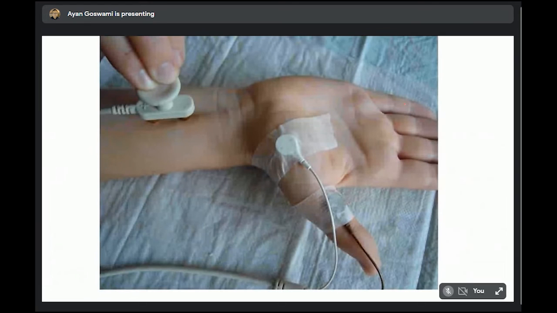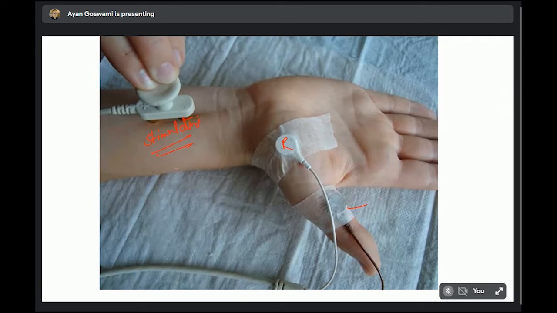So see the procedure over here. This is the stimulating electrode and this is the recording electrode, correct? This one is the ground electrode.